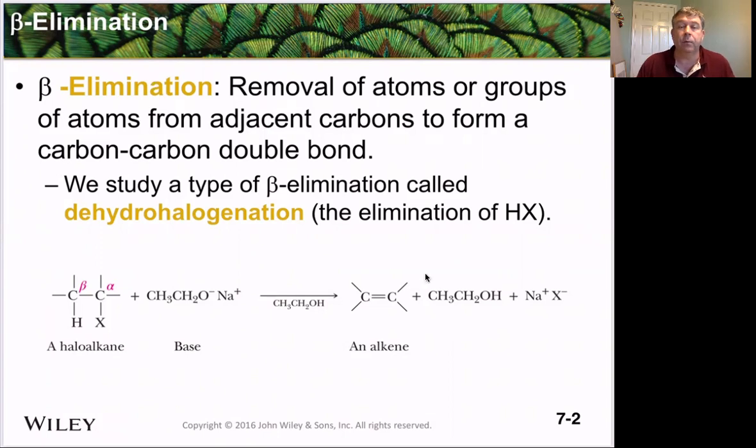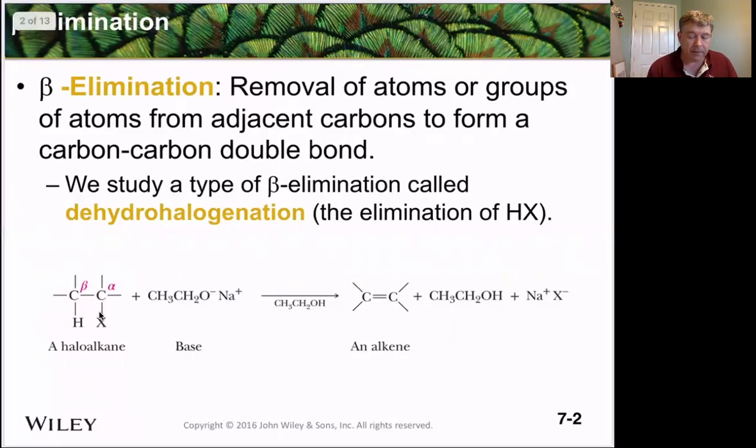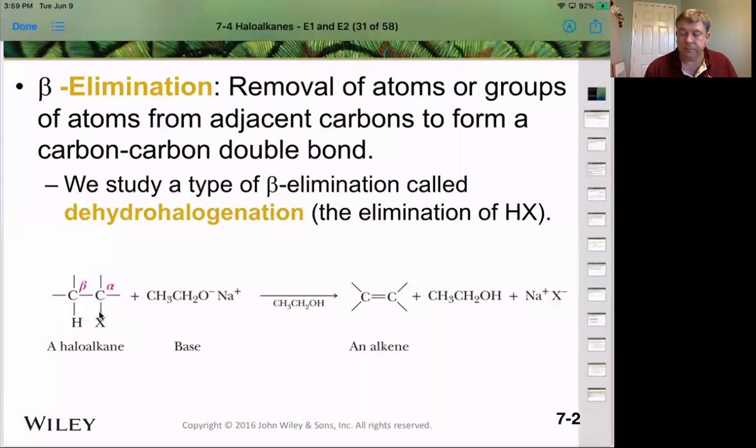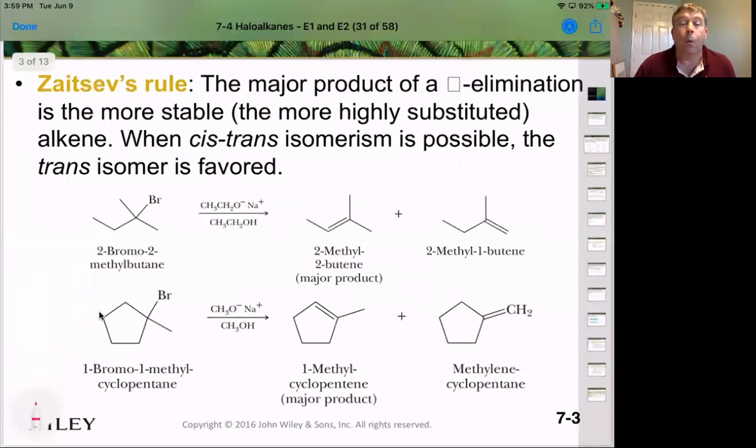Basically, what we're going to end up doing is breaking two sigma bonds and forming a pi bond from those electrons. Whenever we do this, the major product of a beta elimination is always going to be the more substituted alkene.